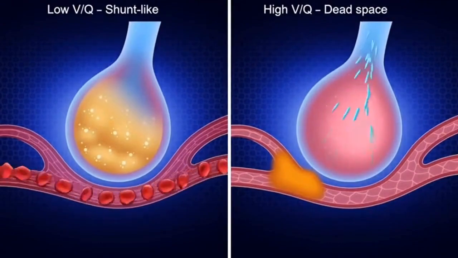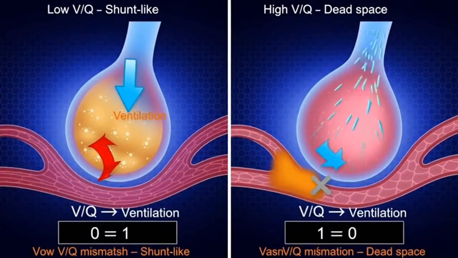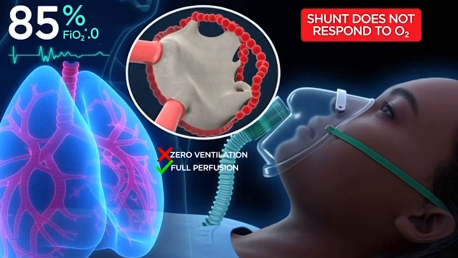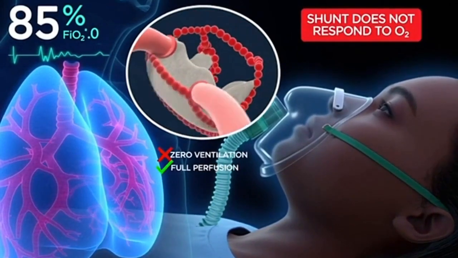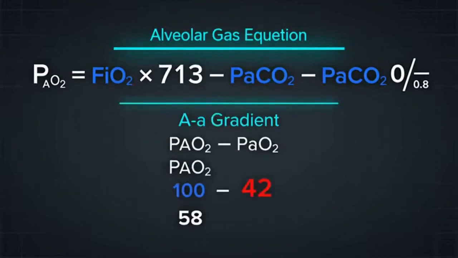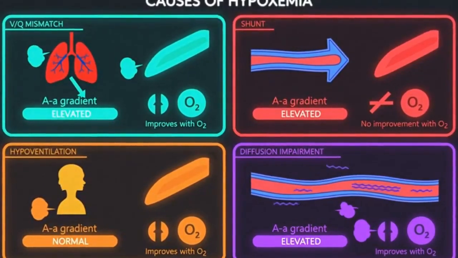The alveolar arterial gradient, AA gradient, quantifies impaired gas exchange. The alveolar oxygen tension is calculated from the alveolar gas equation. PAO2 equals FiO2 times atmospheric pressure minus water vapor pressure minus PaCO2 divided by the respiratory quotient.